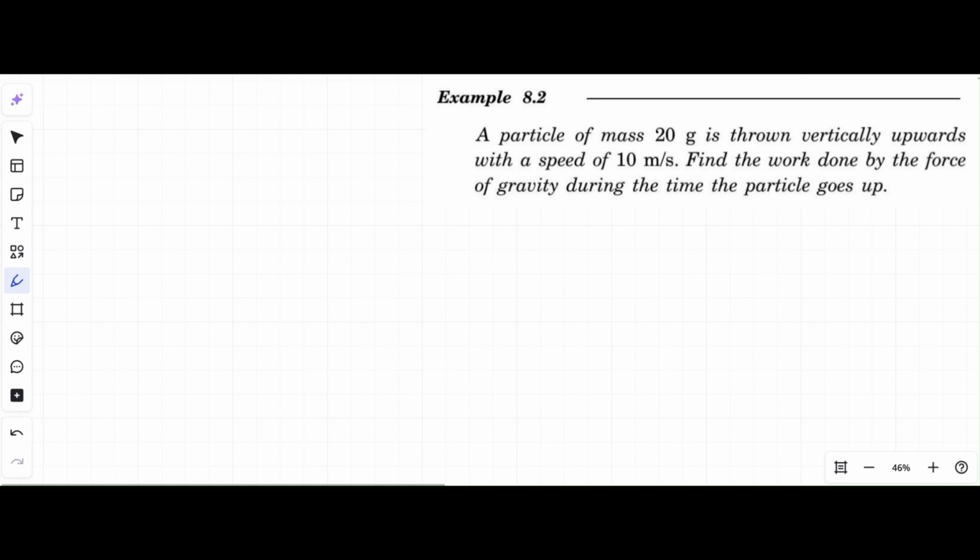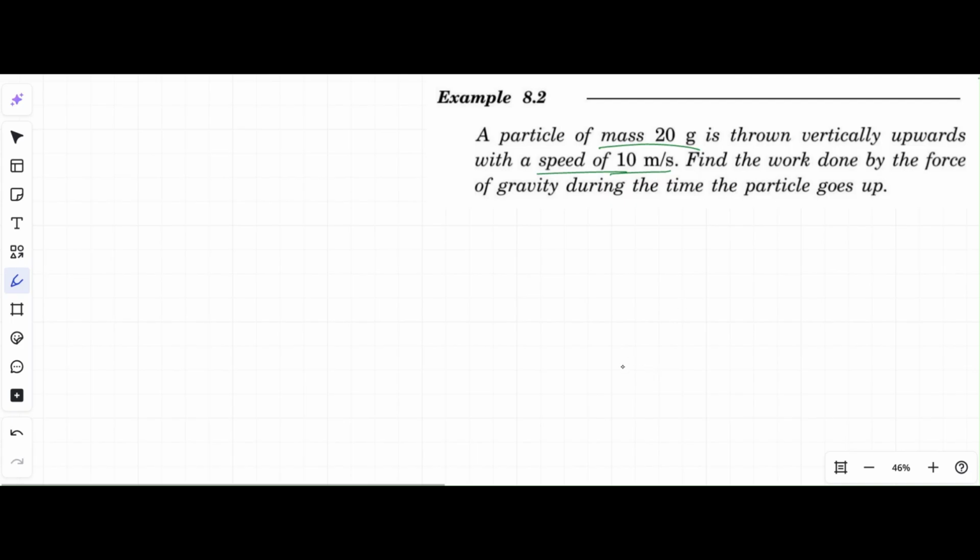Now in this example 8.2, it is given that the particle has mass 20 grams and it is thrown vertically upwards with a speed of 10 meter per second. So this is the initial speed. So the work done by force of gravity during the time the particle goes up.